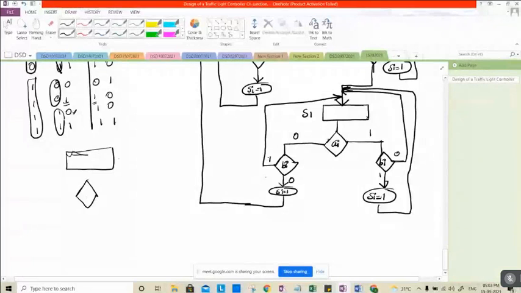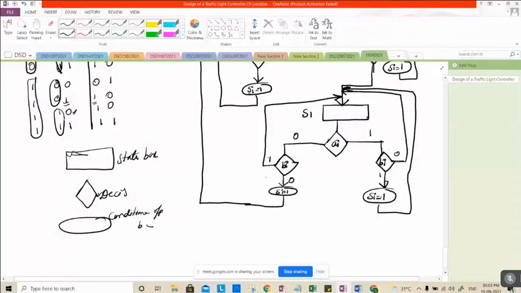This is a state box, this is a decision box, and this is a conditional output box. This particular complete package is called an ASM block.